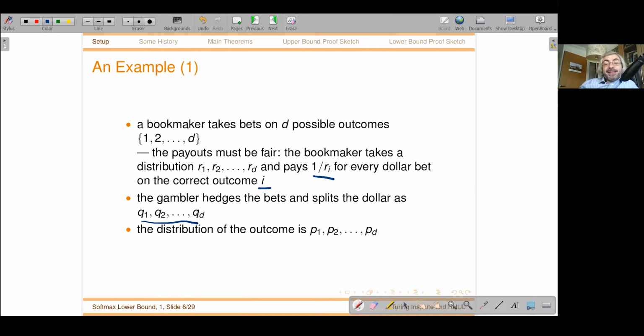Then suppose that the true distribution of the outcome is P. So R is the distribution for the payoffs, Q is the distribution for hedging the bet, and P is the true distribution of the outcome.